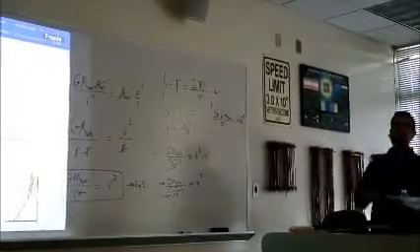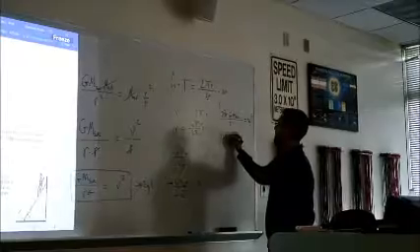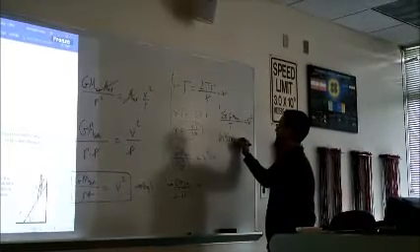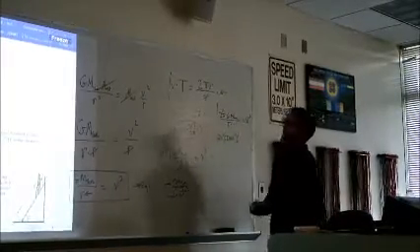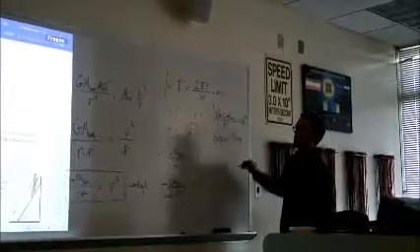Okay, so now we just plug in the numbers and we would be done. So this would be 2 pi multiplied by 6.67 times 10 to the minus 11. Mass of the sun is given, it's 1.99 times 10 to the 30th.